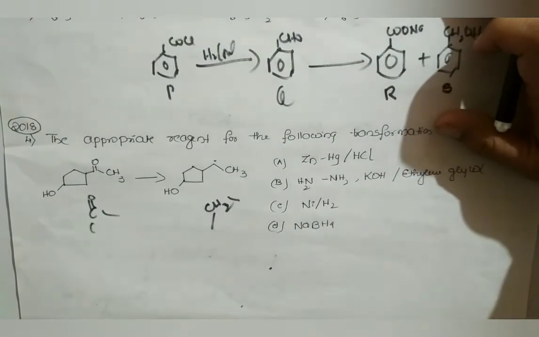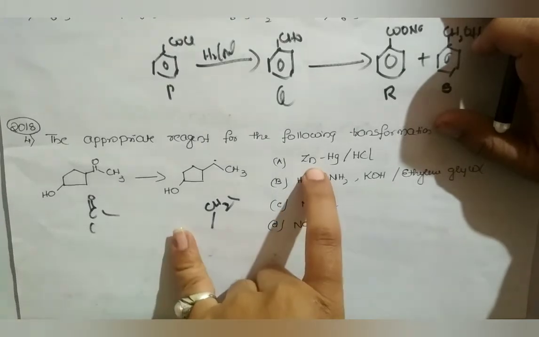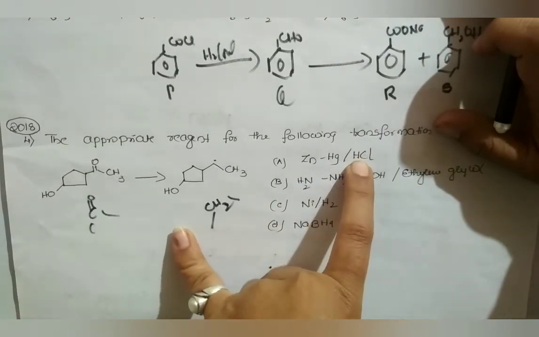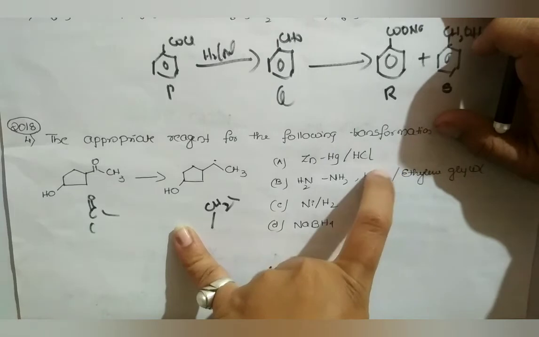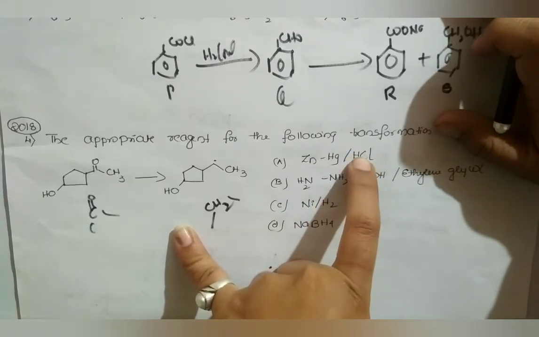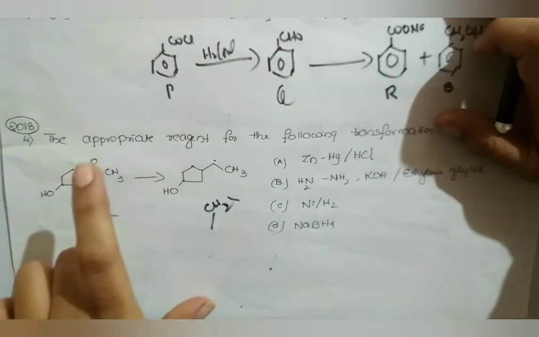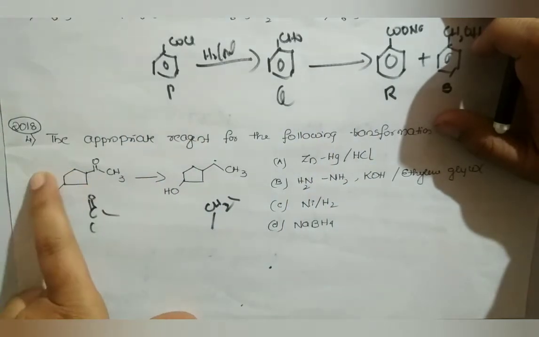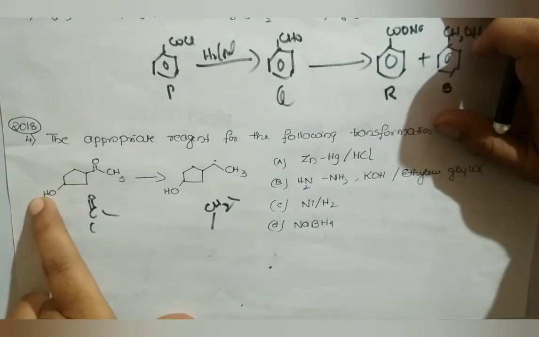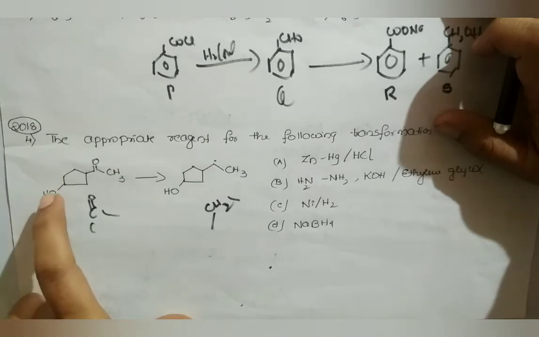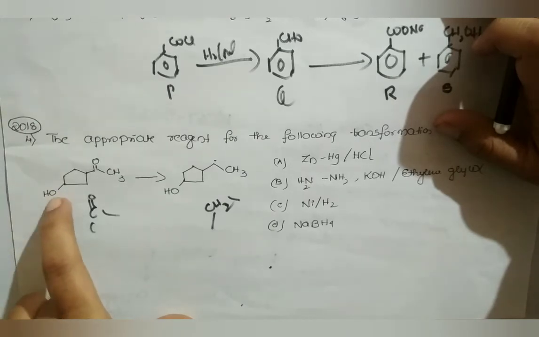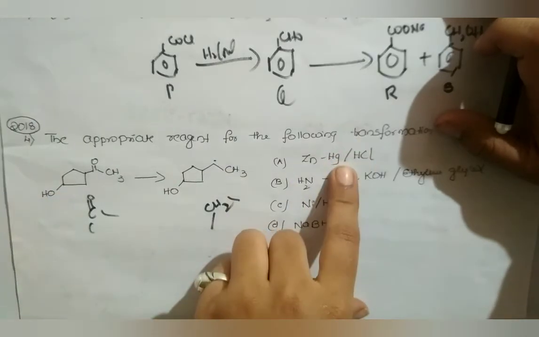See, the thing is, do concentrate. When I say zinc amalgam over HCl, we have hydrogen chloride here. When this HCl is added to this compound, we have an alcoholic group, and this alcoholic group is not protected easily. This alcoholic group tries to react with the acid that is present.